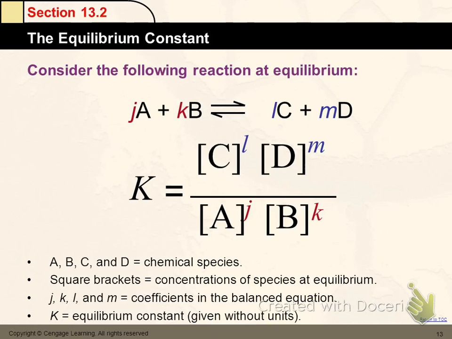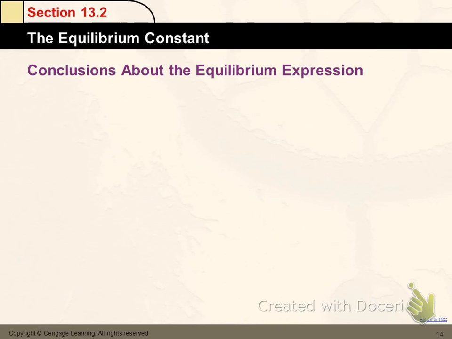Now, one part that I want to make sure you note, the equilibrium constant is usually given without units, meaning it'll be a raw number. So we don't have to worry too much there, at least at this part, of any unit to use for it.